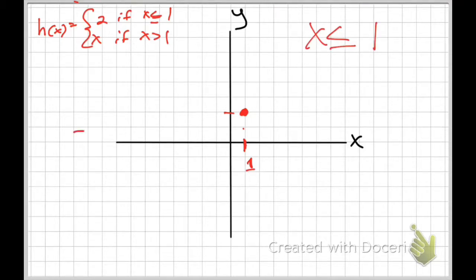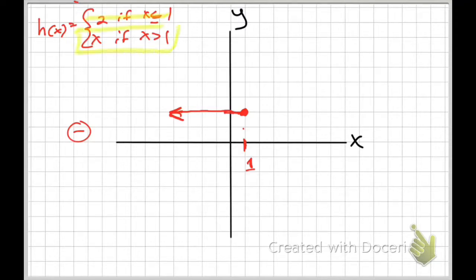This is the less than side. So I draw a horizontal line going through 2, and it just keeps going. Arrow. So that's my function h of x equals 2. I've taken care of my first graph.